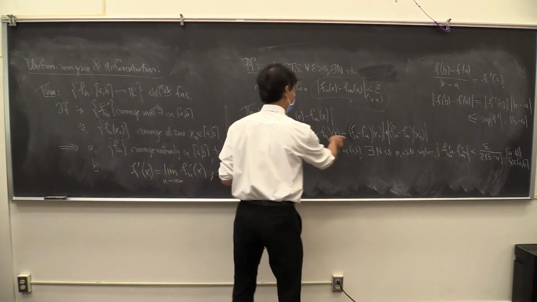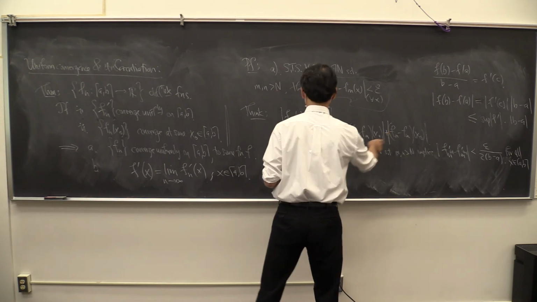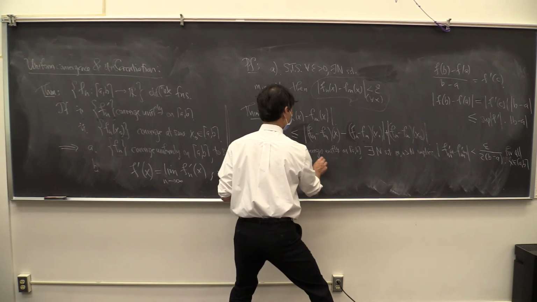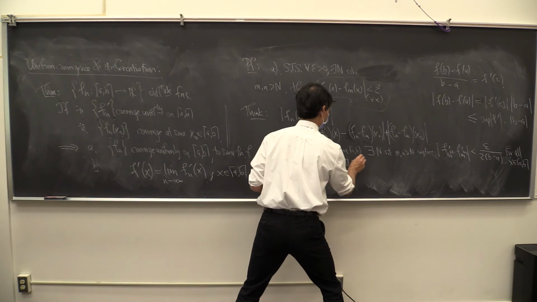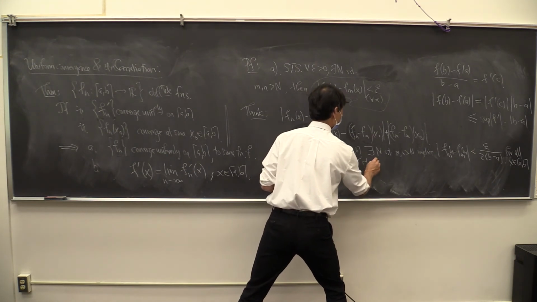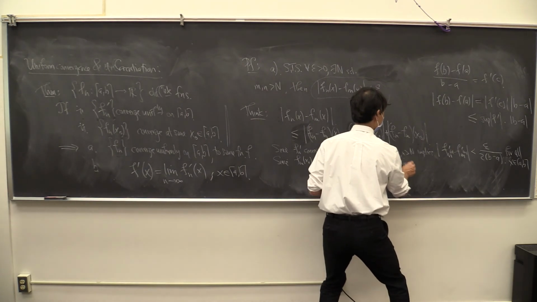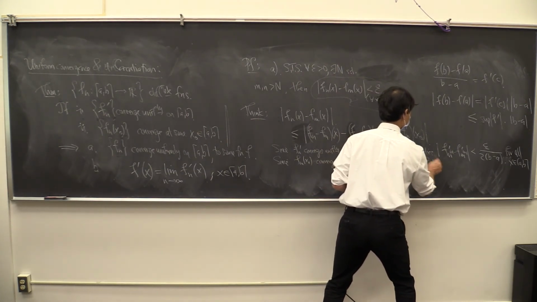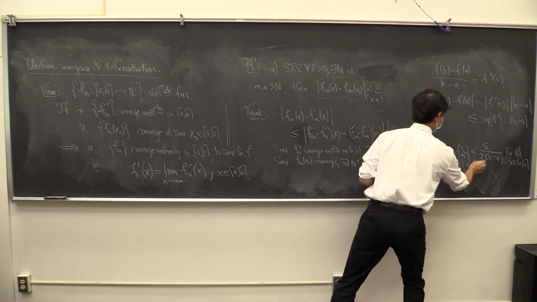Further, since fn at x naught converges, there exists an n prime such that n and m exceeding n prime implies that the absolute value of fn(x naught) minus fm(x naught) is smaller than epsilon over 2.